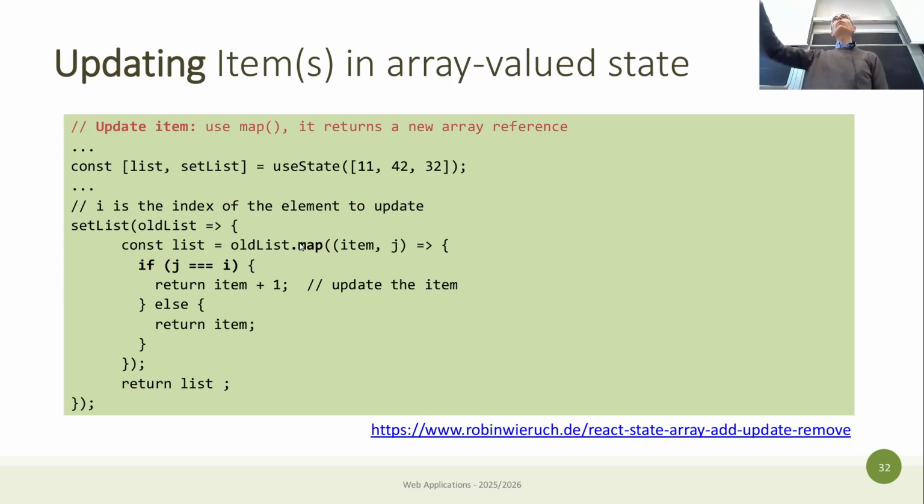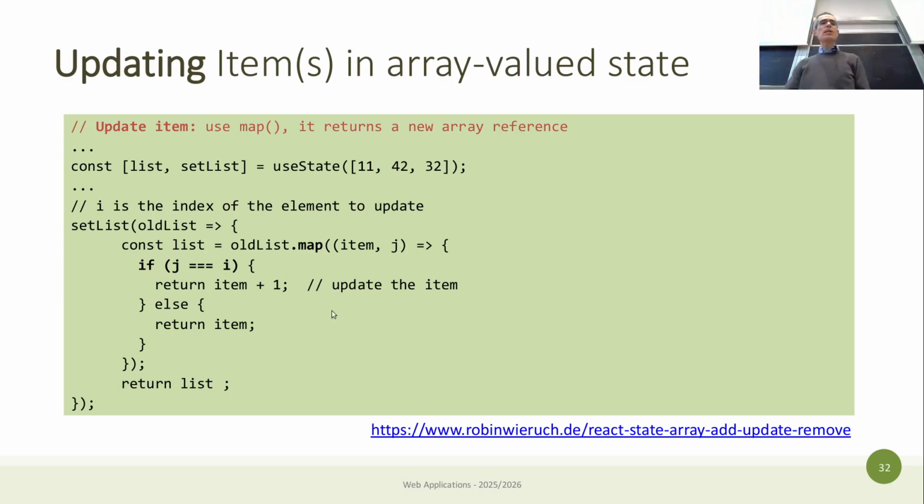Map takes the current element of the array, iterates over the array, and creates a new array. If you just return the element, you have a copy of the array. That's exactly what you are doing here. Map item, return item. If it's the element of interest, return a different value: item plus one, the modified item, a function called on the item, whatever you want.